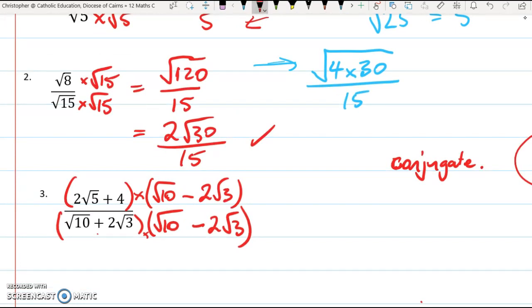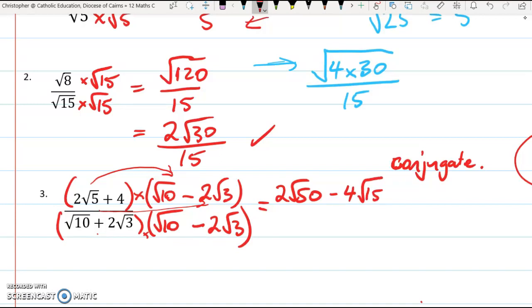We're going to get that's equal to 2 root 50, remembering that we're using FOIL now. So we've got the first 2 here, then we're going the outer 2, so it's a positive and a negative give a negative. 2 times 2 gives 4, and then root 5 times root 3 is root 15.